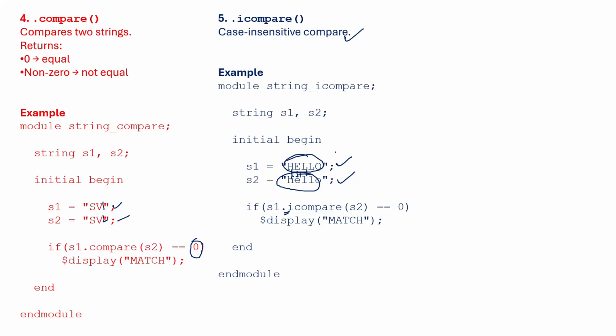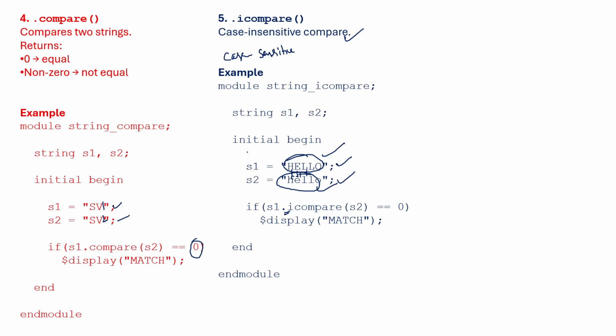But what is case sensitive? This is one different string and this is another different string, so these two strings are not equal.